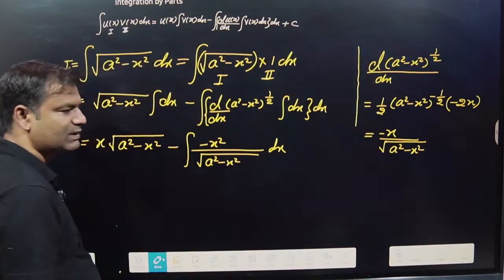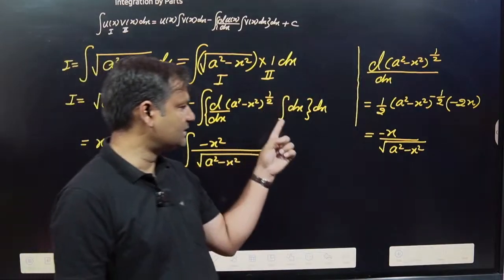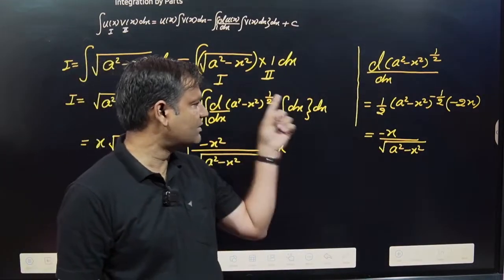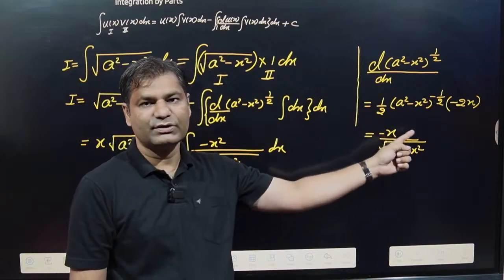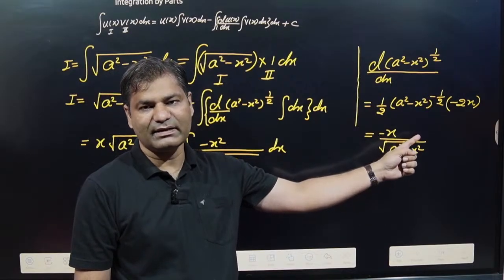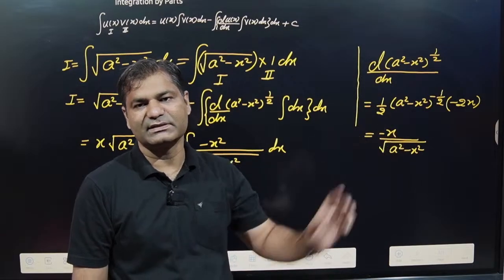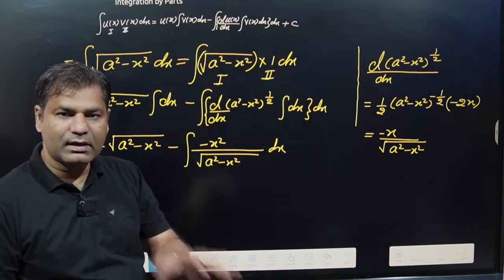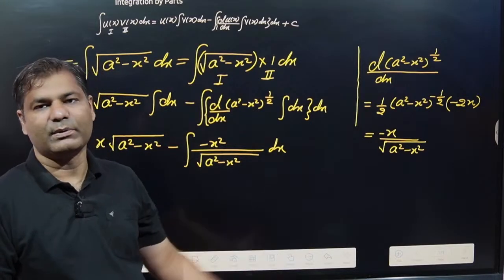Why minus x square? Simply the integration of this one is x, so x into the differentiation of this one. If we multiply x also, then we got minus x square upon under root this one. Clear? Now how can we solve this type of problem?